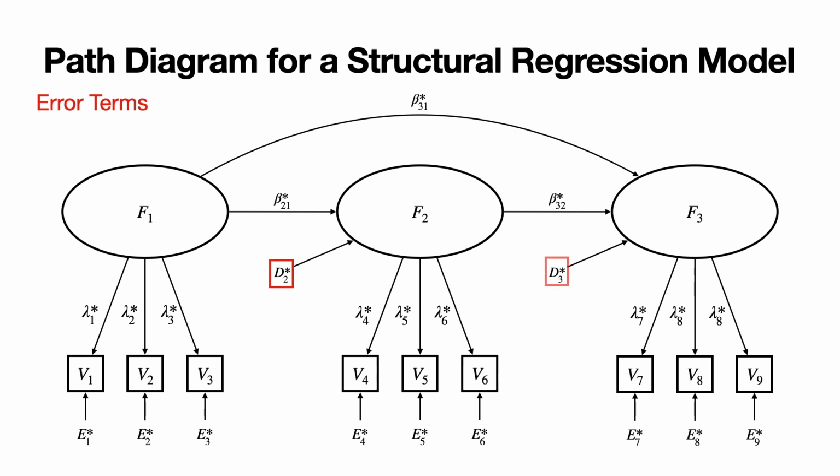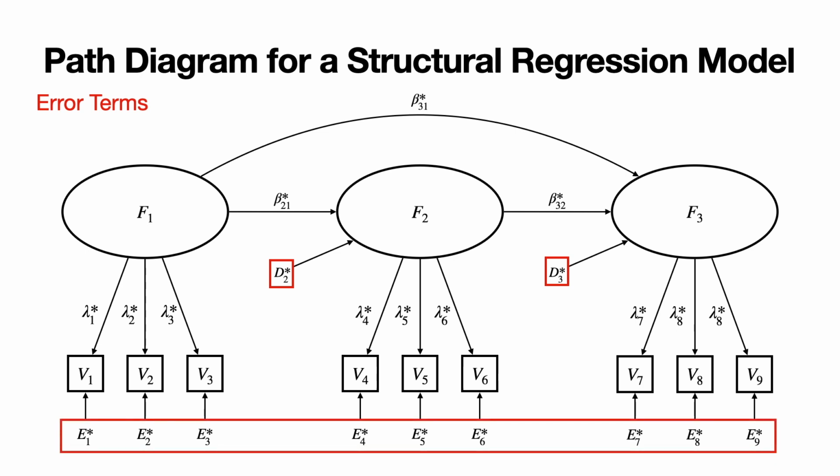And so D2 and D3 are error terms in the regression type of equations relating F2 and F3 to F1 and F2. In addition, V1 through V9, the 9 manifest variables, are response variables. And so there's going to be error terms associated with each of those variables.